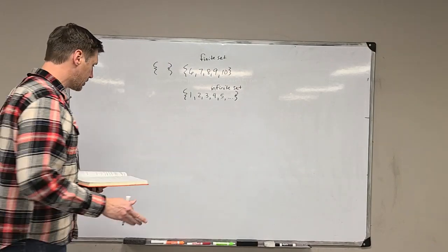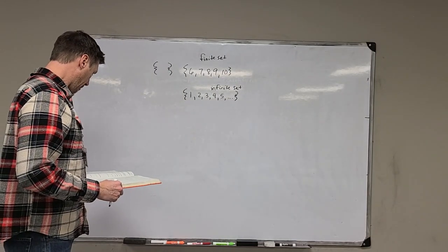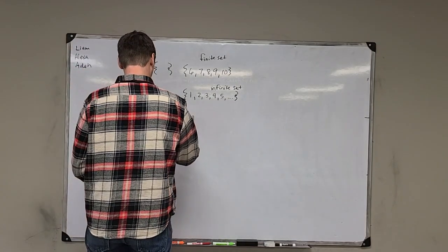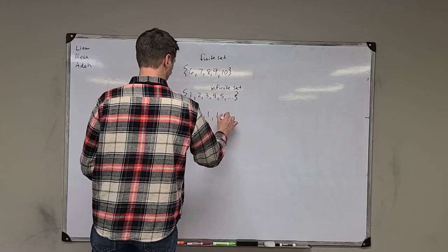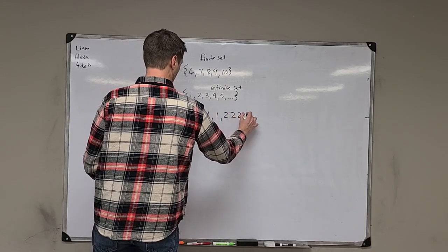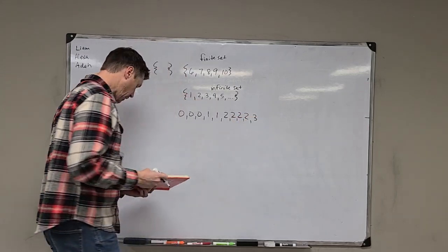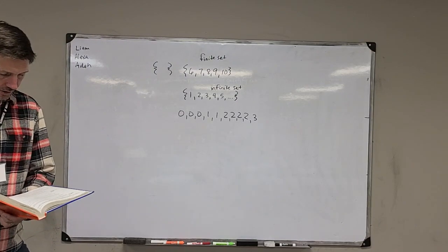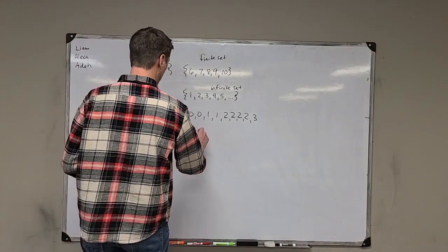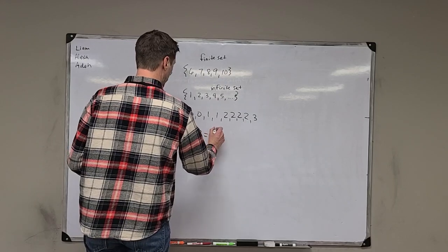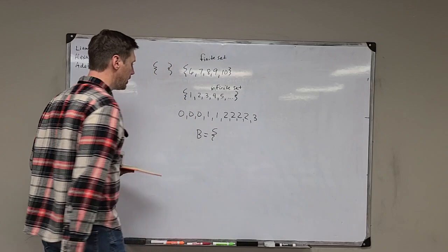So with that in mind, let's start talking about sets. Let's say we have these numbers here, and they asked us to represent these numbers as a set B. So we would say set B equals, and since we're doing a set, we put our little curly braces around it.